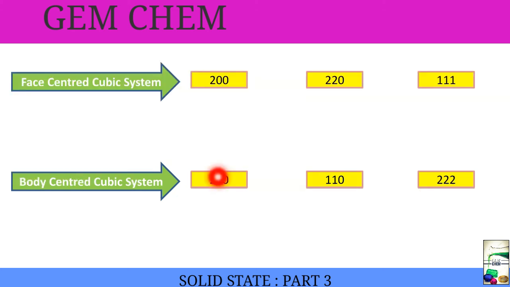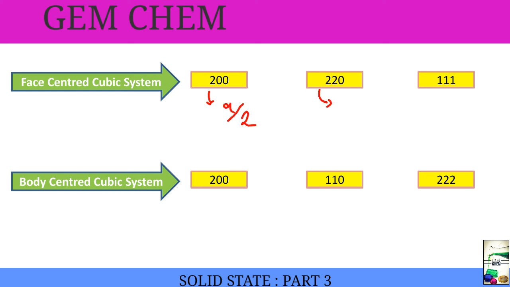Now we will see the face centered cubic system. It has planes of 2 0 0, 2 2 0 and 1 1 1. So what are the distances? Here the distance will come to be a by 2.